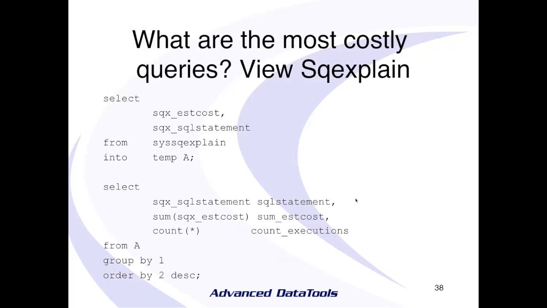And then what I like to do, and this is just an example, except what I normally do is unload it to a file every hour, and then at the end of a day, load it into a temp table A. And if you summarize the total cost, so if a statement got executed 5 times and it cost 100, the total cost here is going to be 500, and the count is going to be 5 times.